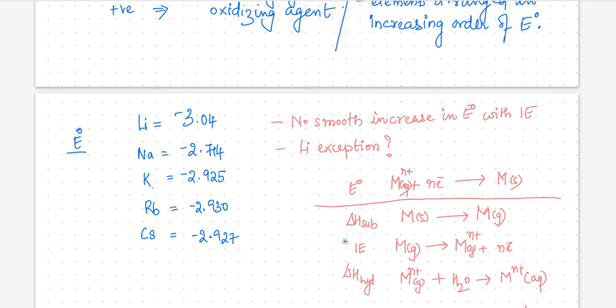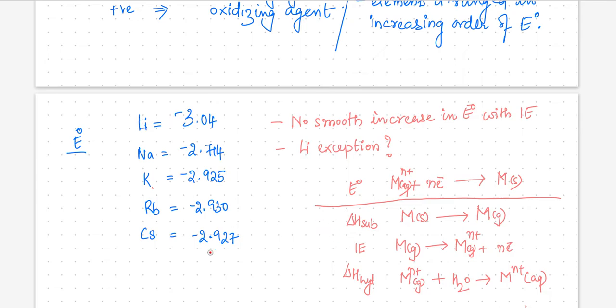Okay, now why in lithium do we have a very high negative value? That is because in the case of lithium, the hydration energy is highly negative. Now, why is the hydration energy highly negative? Because lithium is a very small atom, so it has a very high charge density.